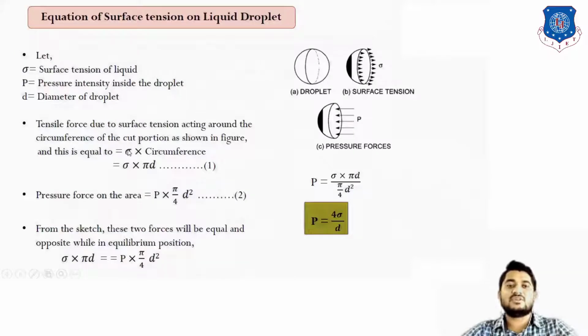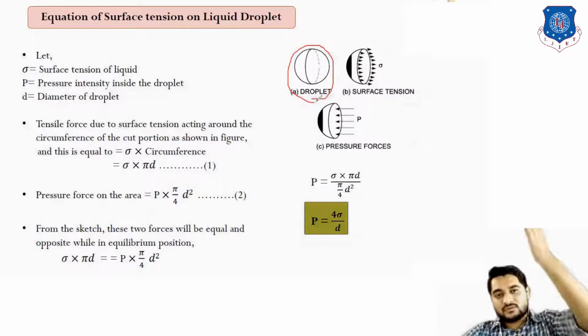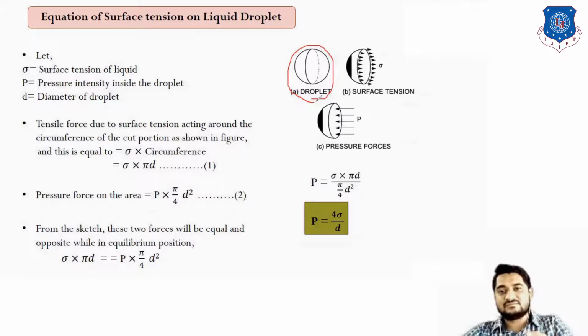First of all, the equation of surface tension for the liquid droplet. As shown in this sketch, here is the basic case of a liquid droplet which is in spherical form. If we take a cross section vertically, suppose this is the half cross section, then surface tension is always acting on the surface.